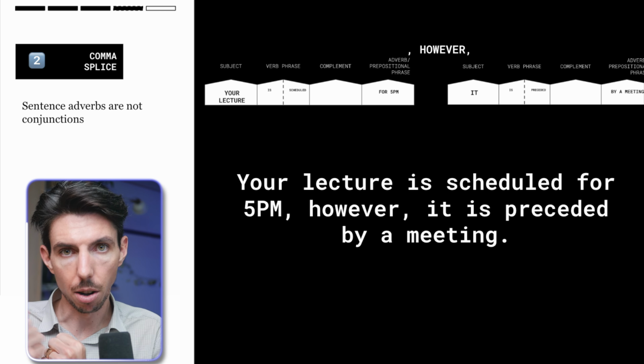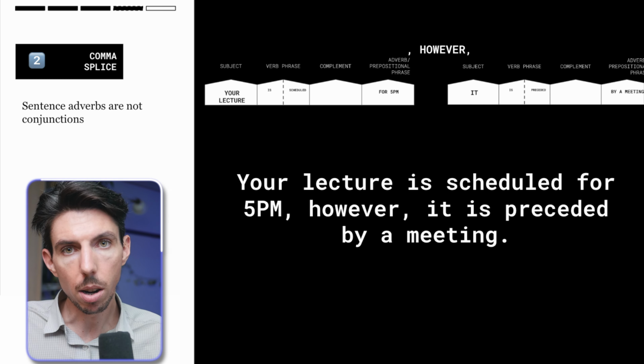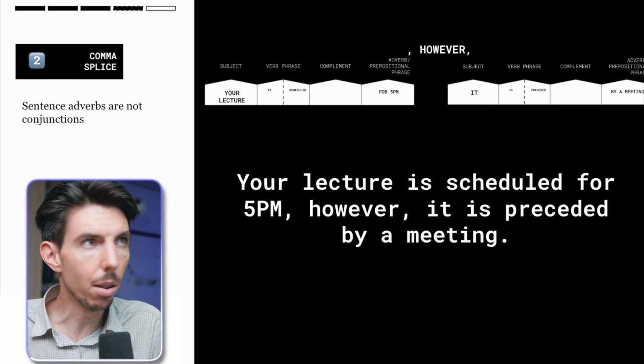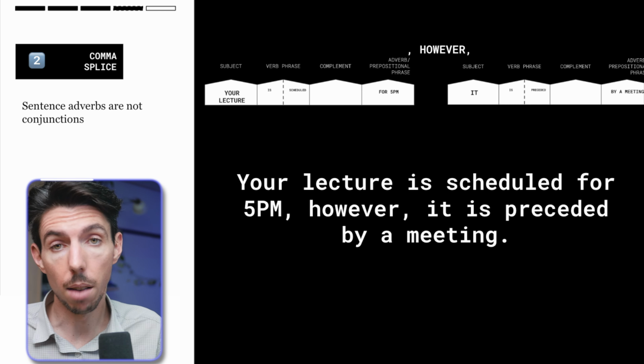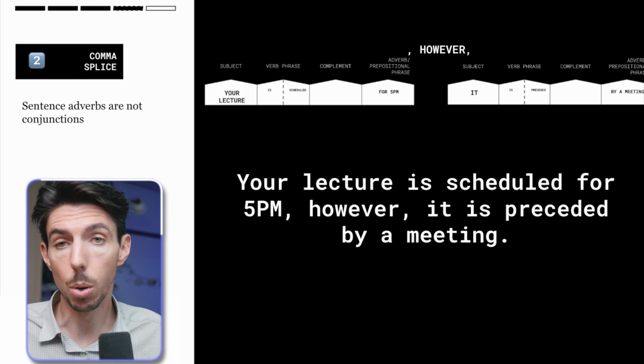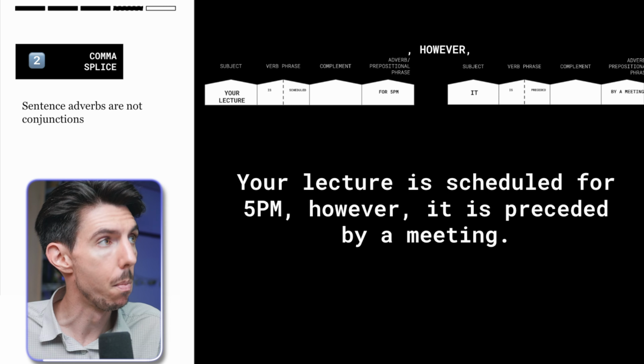It's not a connector. It's a transitional phrase that shows the reader the relationship between these two sentences. So it's not a connector, and this is a faulty connection. It becomes a run-on sentence where we have two independent clauses that are not joined by any syntax, any connector or conjunction.